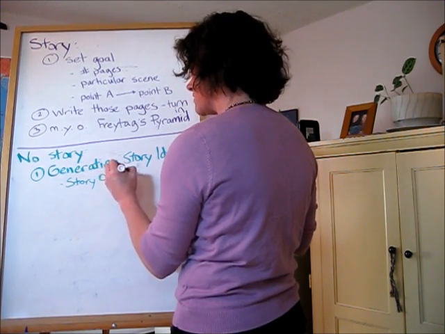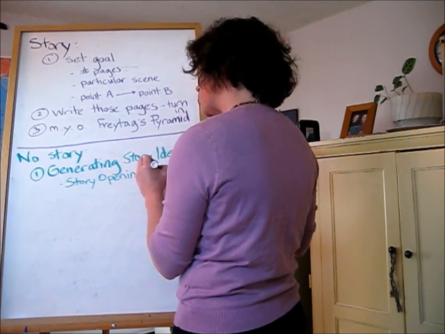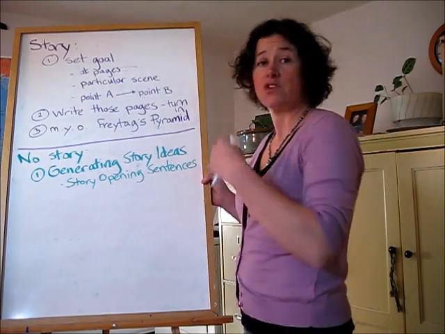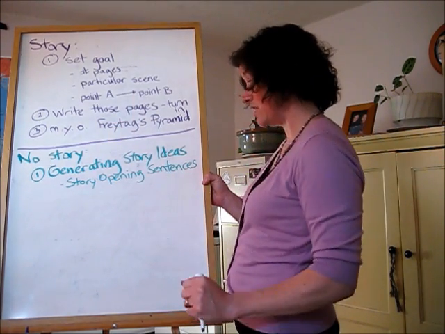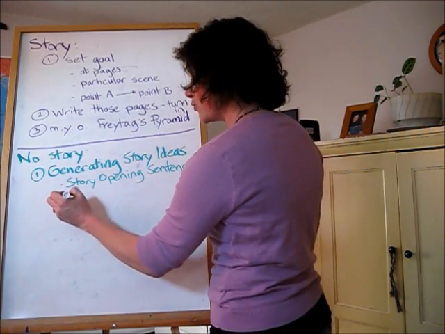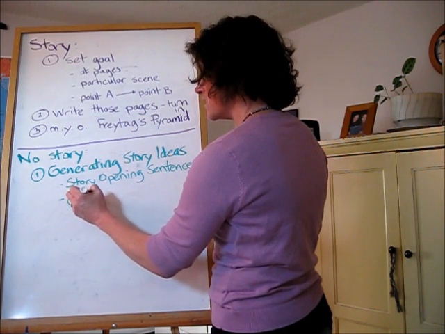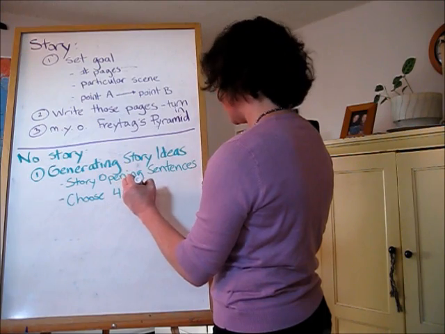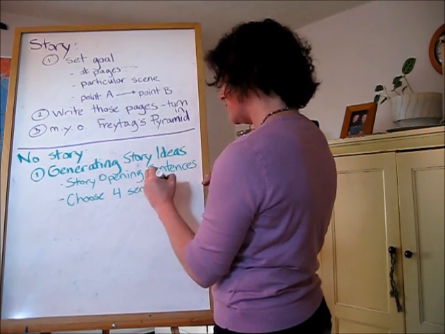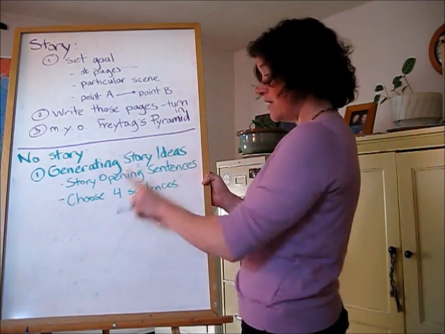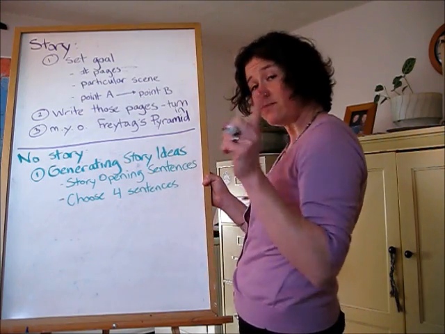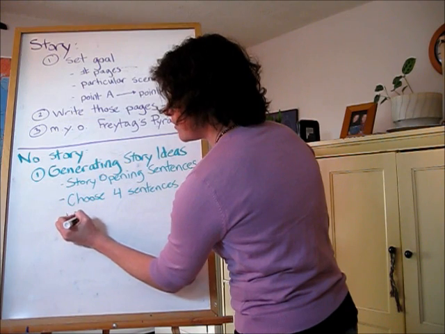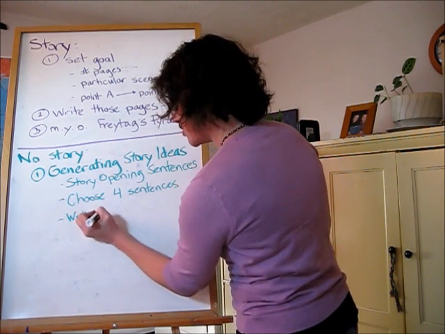So there are 2 documents. Each one of them has 20 sentences that could be used to start a story. What you need to do is choose 4 sentences that you like. And if you can't find 4 in one document, then look at the other one too. Choose 4 sentences.